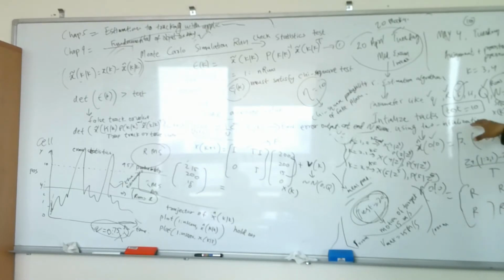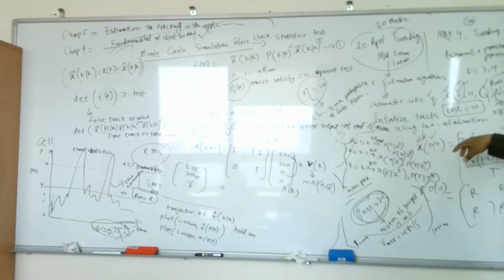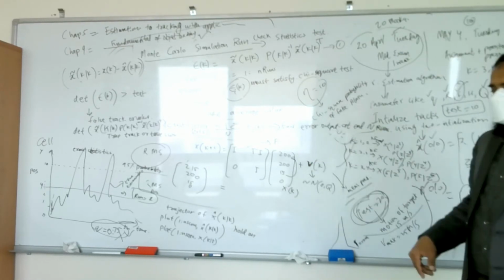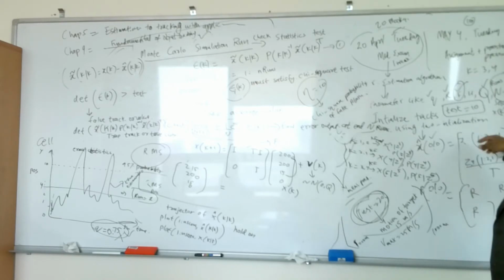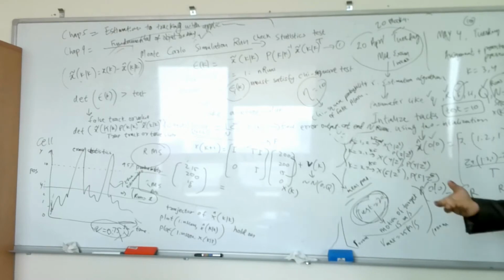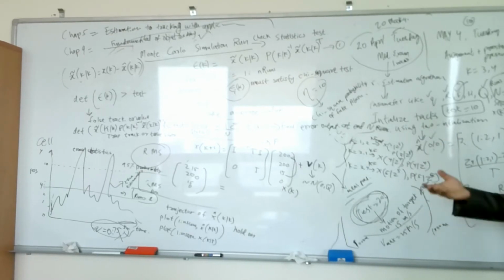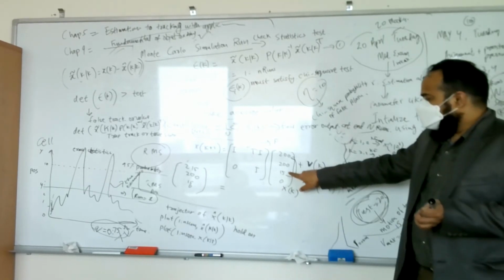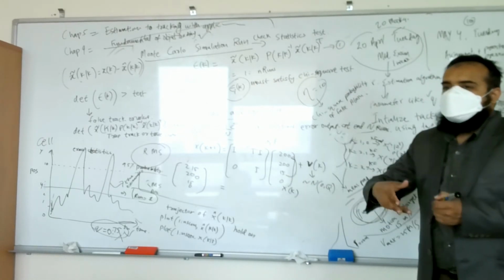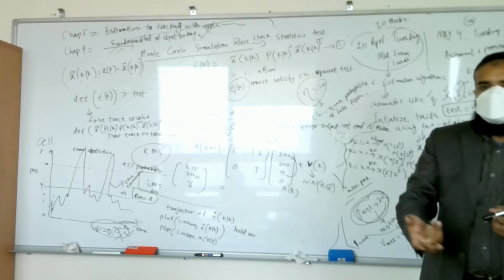Then you have to generate a trajectory using this formula. Because if you just know the first position, how do you calculate the second position? Similarly, if you know the velocity, then you add the velocity here, and you can automatically calculate the next position.